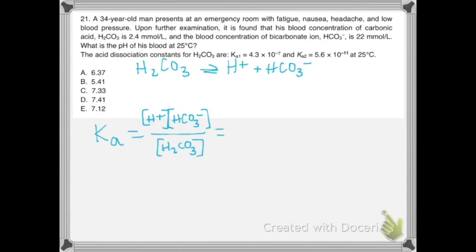It's going to be the Ka1, 4.3 times 10 to the minus 7. And then we can use our equilibrium concentrations. So they tell us that this is going to be 2.4 millimolar.